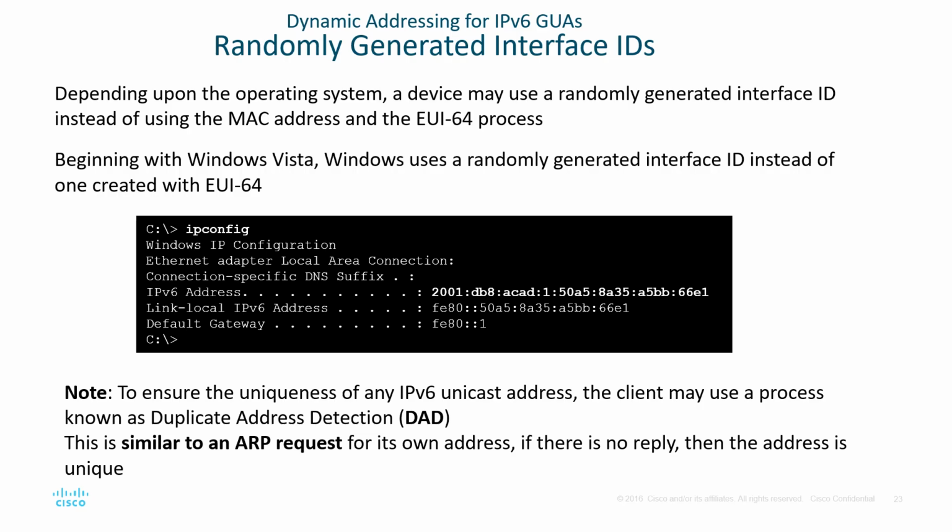So to ensure the uniqueness of any IPv6 unicast address, the client may also use a process known as duplicate address detection, or DAD. This is similar to an ARP request for its own address. If there is no reply, then the address is unique. So what happens is your device, after obtaining an IPv6 address, will send out a DAD message throughout the network.